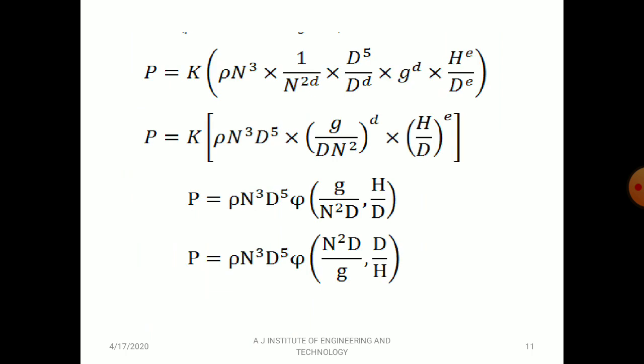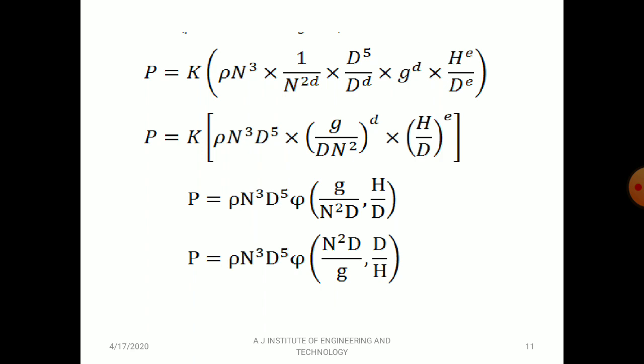So after simplification, P equal to k into rho n cube into 1 divided by n to the power 2d, into d to the power 5 divided by d to the power d, into g to the power d, into h to the power e divided by d to the power e. Now P equal to k into, I can club together terms without the parameters d and e: rho into n cube d to the power 5, into g divided by d n square to the power d.